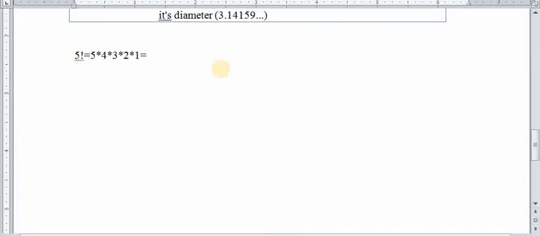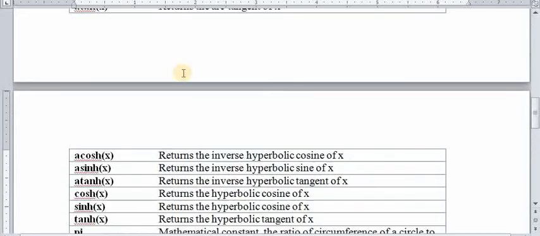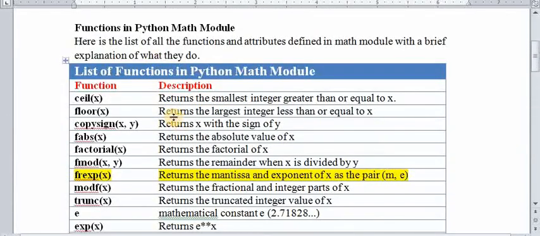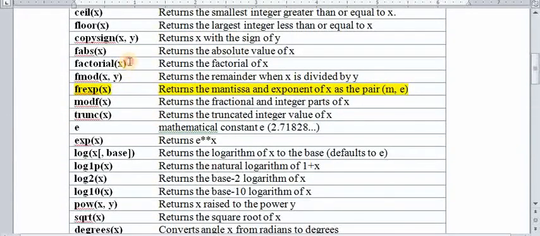What will be the result? 5 times 4 is 20, 20 times 3 is 60, 60 times 2 is 120, 120 times 1 is 120. The result will be 120. So this is the way to find the factorial of a number. But using the factorial function, you can directly find the factorial of the given number.